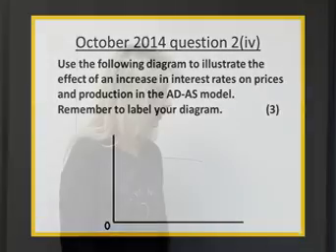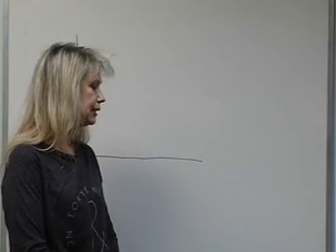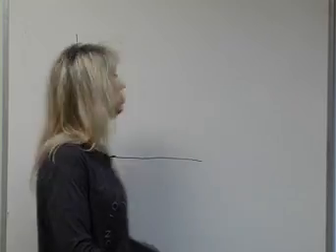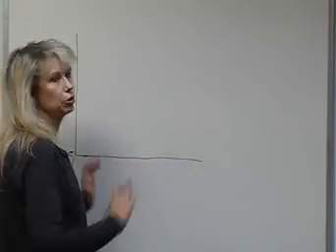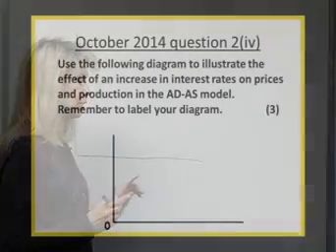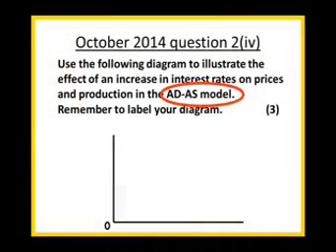Right, so the first thing we have to do is look at what model we are working with, because we want to label the axes. We want to show which variables we're going to show in this diagram. So the question says it's the ADAS model, aggregate demand, aggregate supply model.